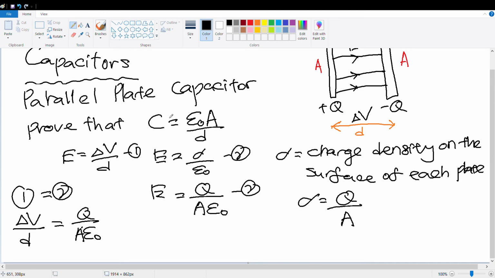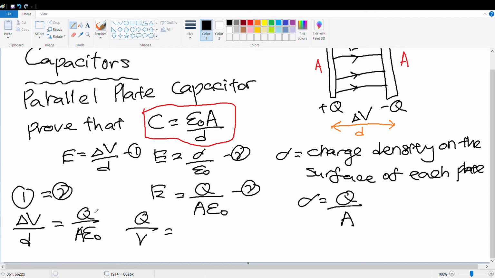What we need to do is derive this formula. If we move this potential difference to the other side, what we get is Q over V. I told you that the delta is not necessary to be written.